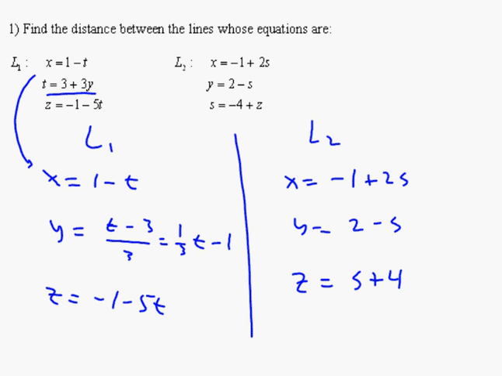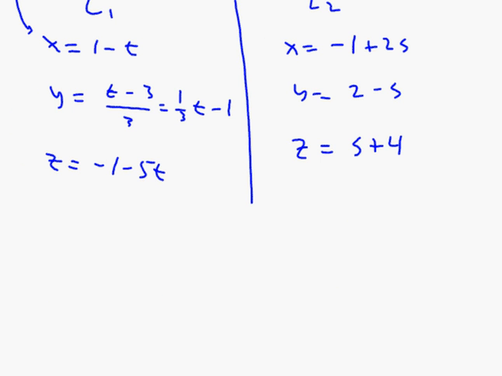Once you have that realization, you're in really good shape, because you know the normal vector to either one of the parallel planes that contain lines 1 and 2, respectively. The common normal is going to be the direction vector of line 1 crossed with the direction vector of line 2.